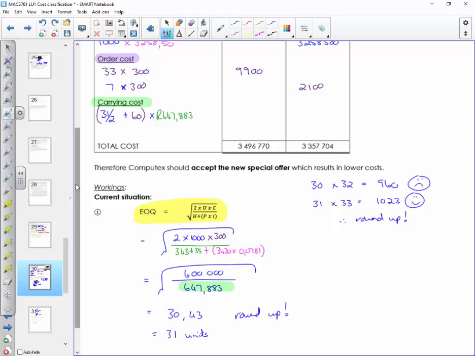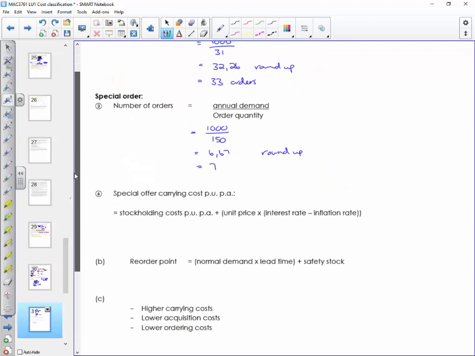So the holding costs will be 48915. But if I order not economic order quantity, 150 units, I'll have an average of half of that on hand. I still want my safety stock, and I need to go and work that out.